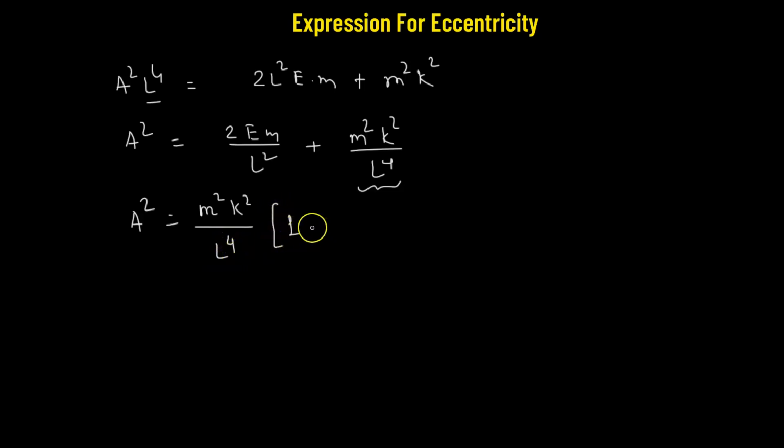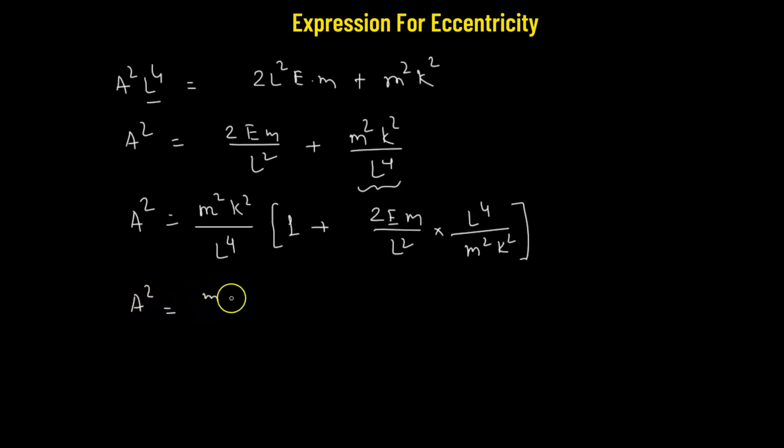So that will give us 1 plus, we have 2em over L squared, that's multiplied to L raised to the power of 4 divided by m squared k squared. So we have a squared equals mk divided by L squared whole squared times 1 plus, so 1 of the m gets cancelled, L squared, this will give us L squared.